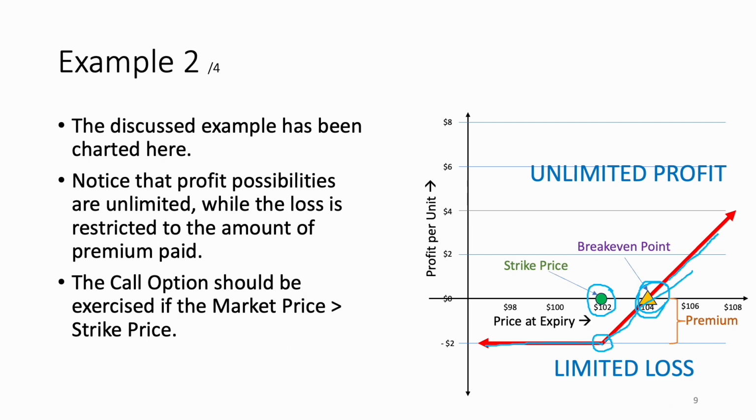So we see that in the case of a call option, there is unlimited profit. The important thing to note here is unlimited profit for the buyer, but limited loss for the buyer.